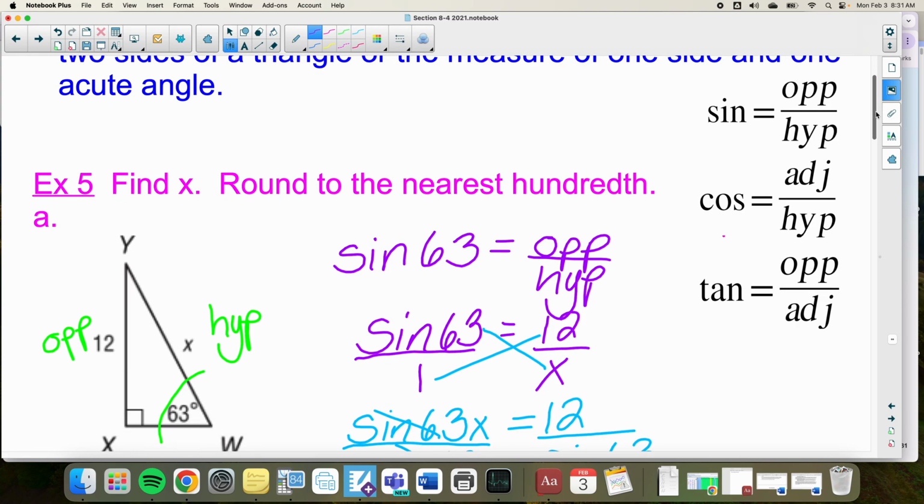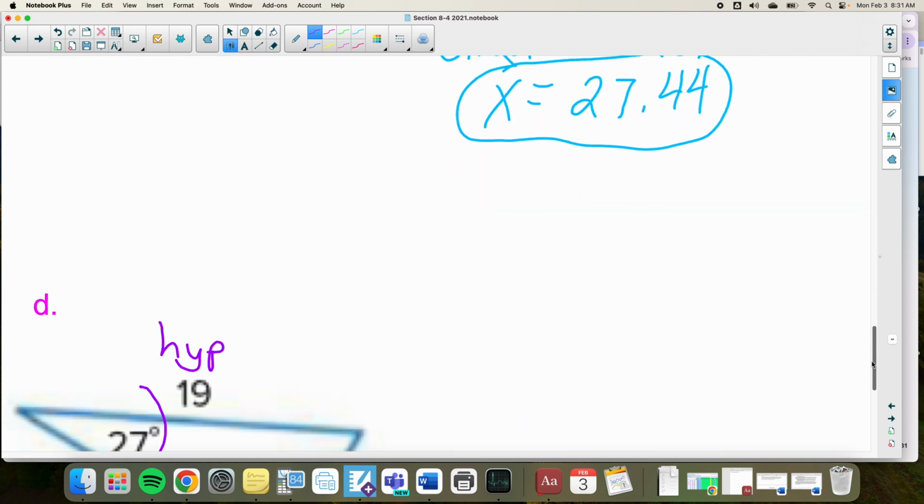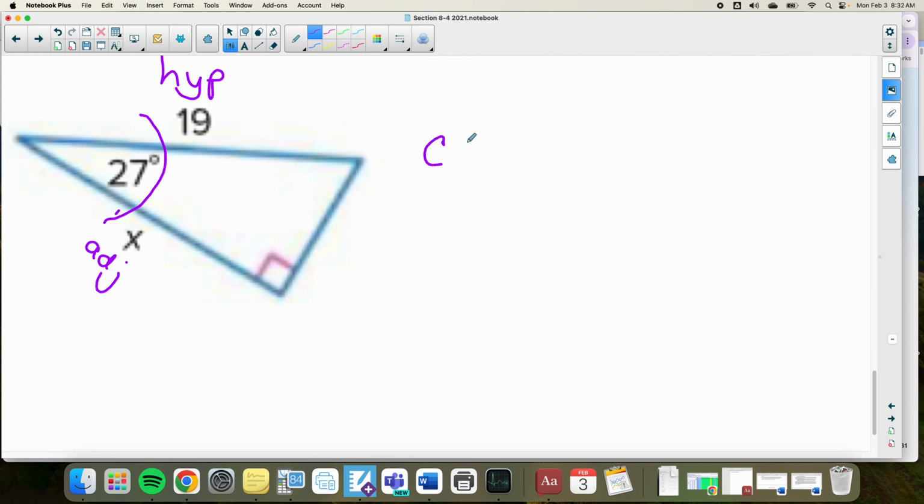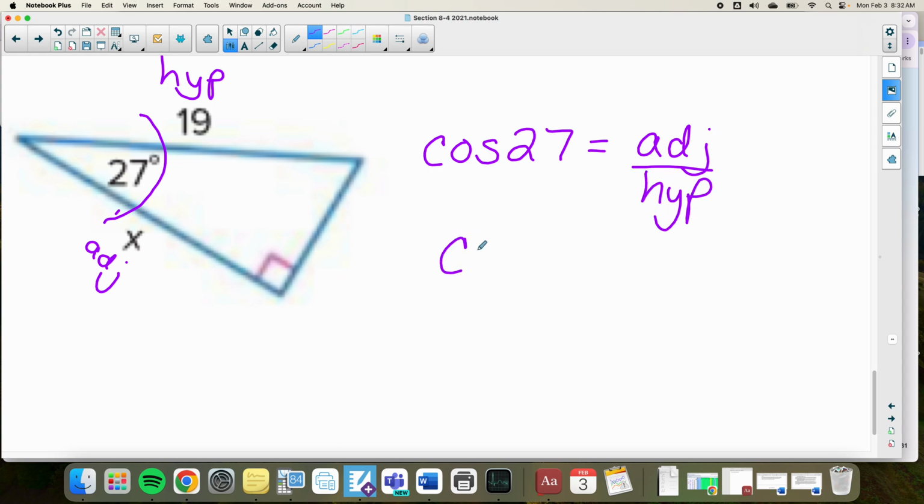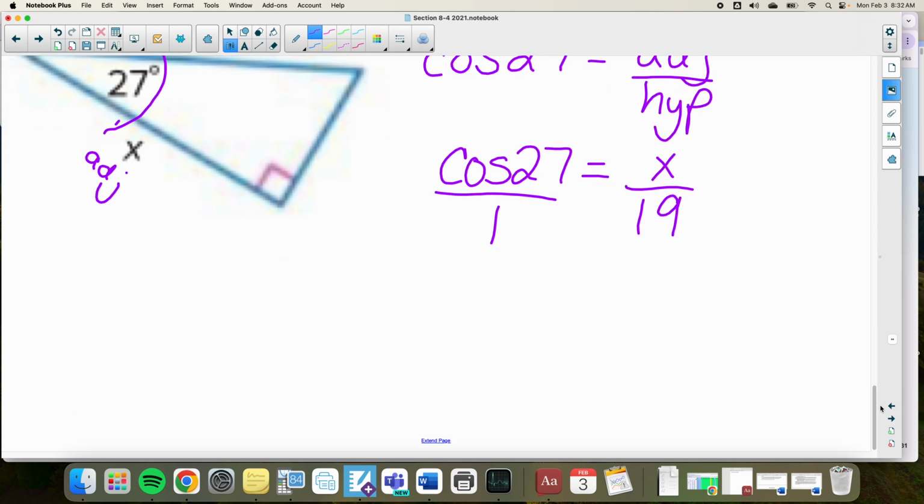Cosine is adjacent over hypotenuse. So we're gonna go cosine of our angle is adjacent over hypotenuse. So I'm going cosine 27 equals, my adjacent side is x, my hypotenuse is 19. Put this over 1, and I'm gonna do cross products.